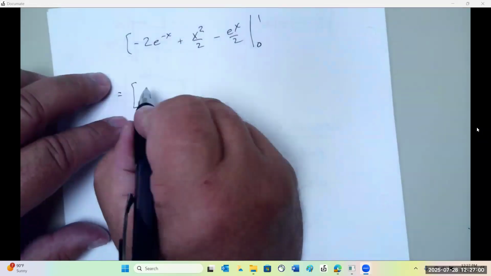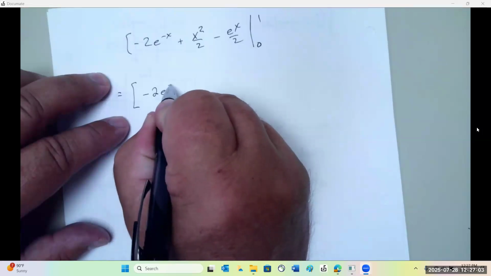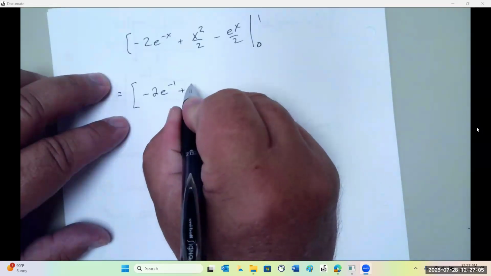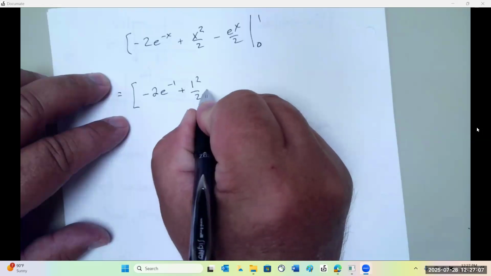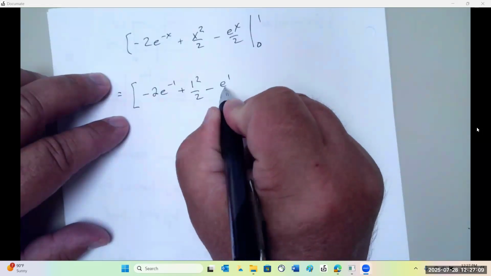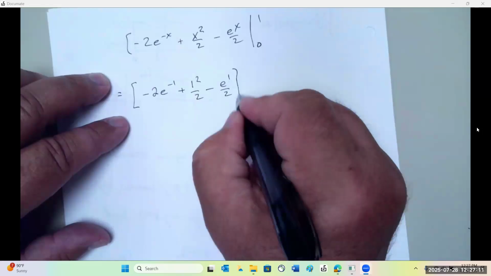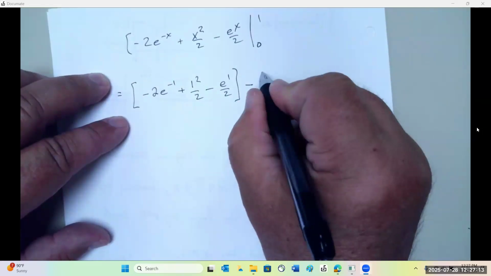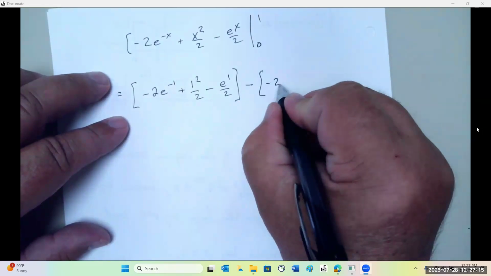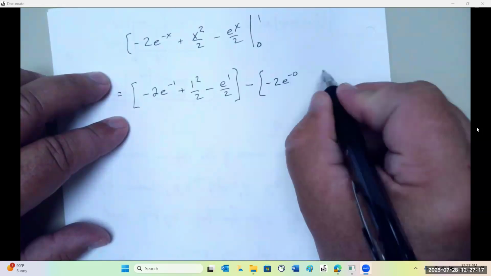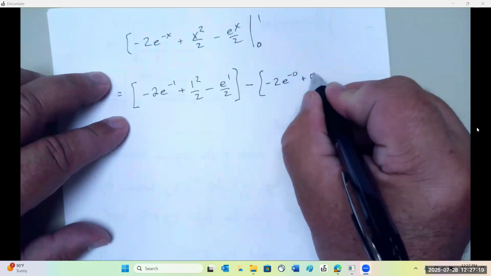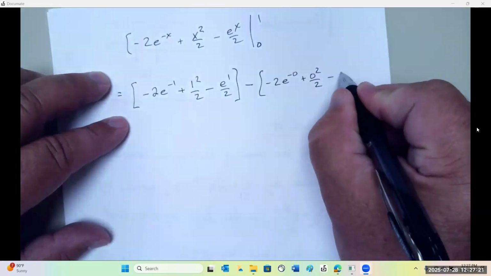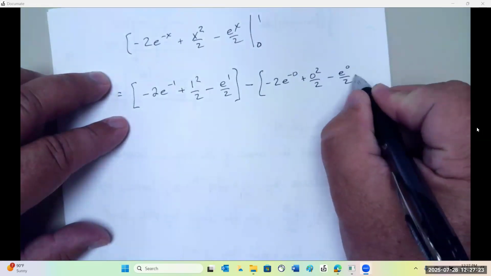So the first one, I have negative 2e to the power negative 1 plus 1 squared over 2 minus e to the 1 over 2, minus negative 2e to the power negative 0 plus 0 squared over 2 minus e to the 0 over 2.